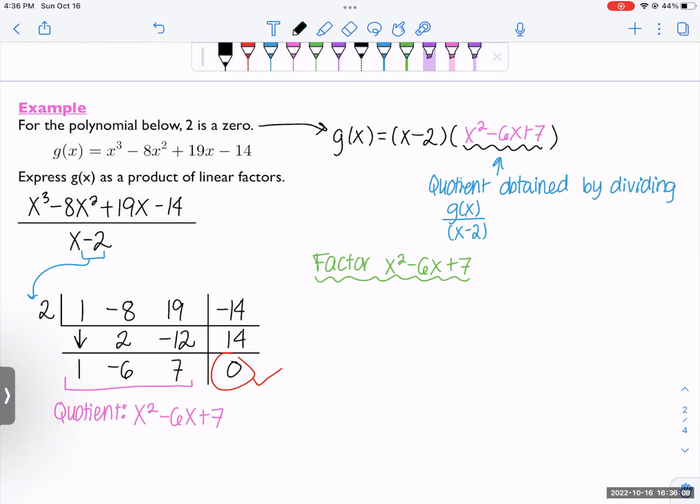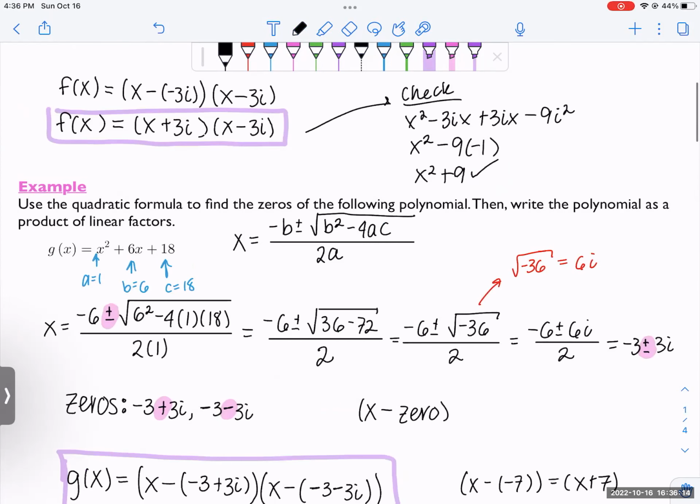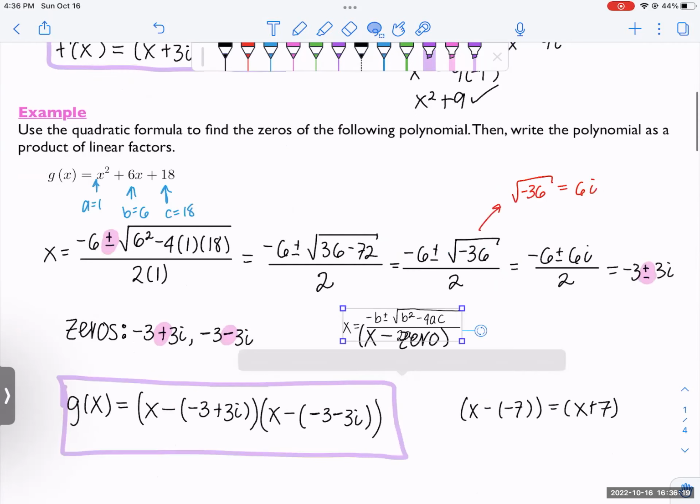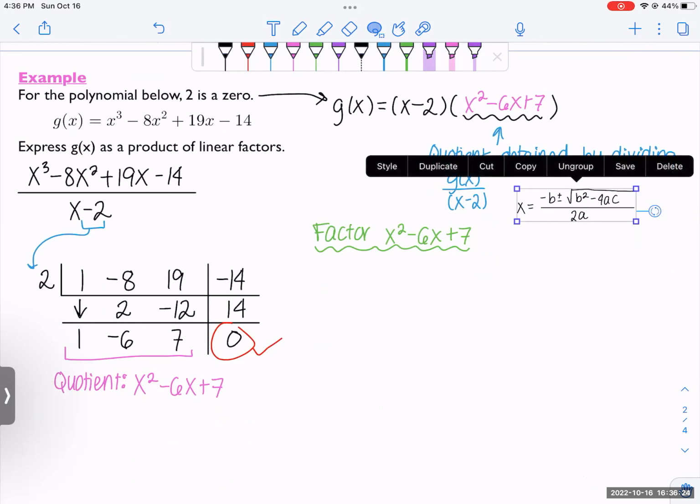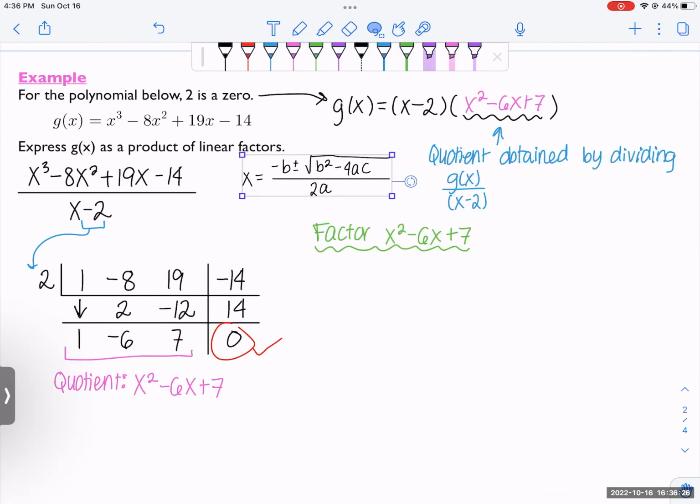You're going to have to use the quadratic formula on it. I like to have it on the screen so students can look at it. So factoring x squared minus 6x plus 7, let me write down my ABCs. A is 1, B is -6, C is 7.